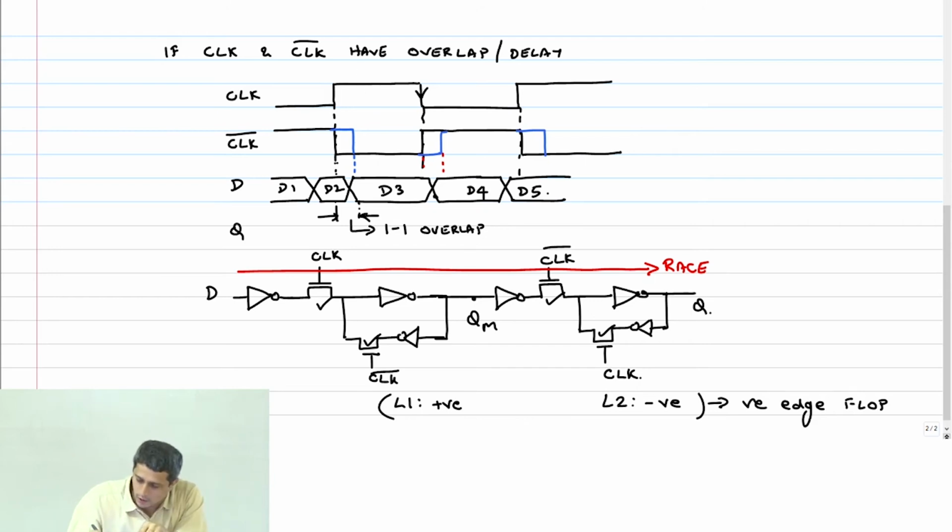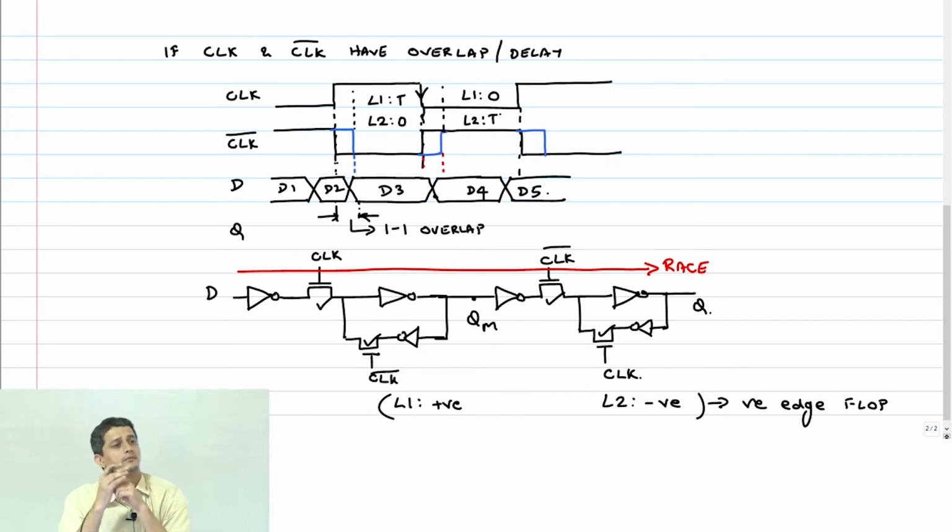Okay. Now let's put down what should happen after the overlap period in both cases. What should happen here, for example? In this period, what should the state of L1 and L2 be in terms of transparent or opaque? Clock is 1, L1 transparent, L2 opaque. Similarly, I have something here, right? L1 is opaque, and L2 is transparent. Correct?